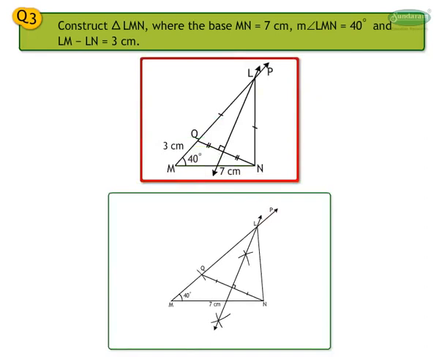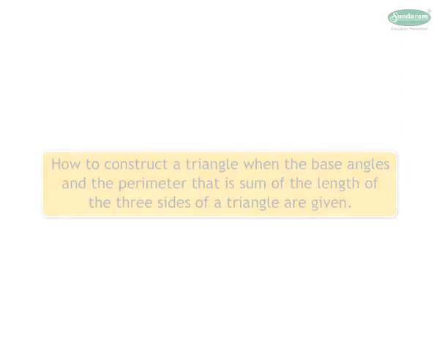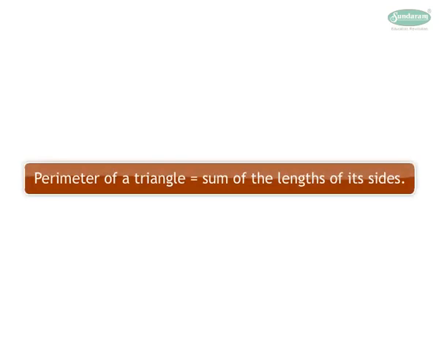Now let us understand how to construct a triangle when the base angles and the perimeter, that is, sum of the length of the three sides of a triangle, are given. Now we know that perimeter of a triangle is equal to sum of the lengths of its sides.